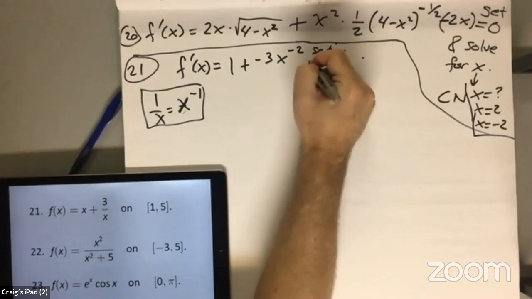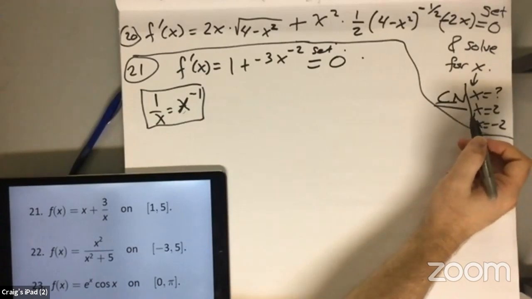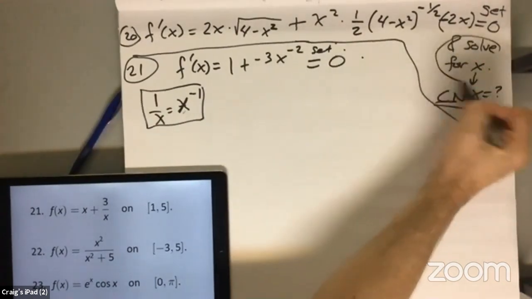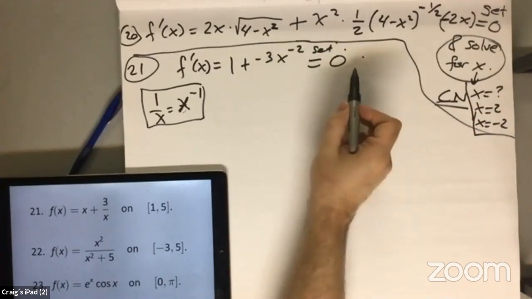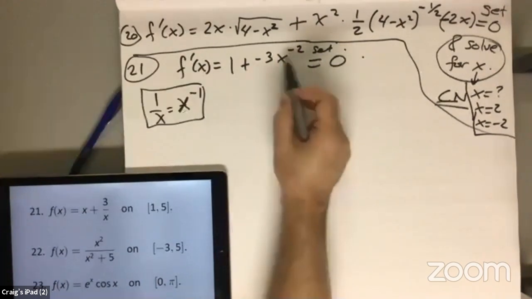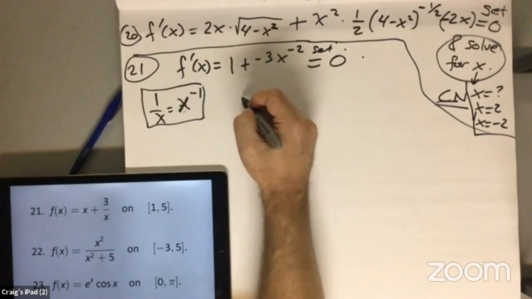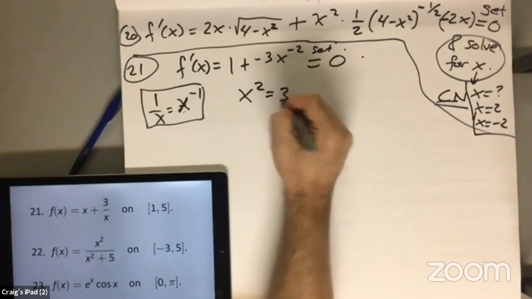So now I'm going to set the derivative equal to 0 to find our critical numbers, and I need to solve for x. I'm going to move this to the other side, and then multiply by x squared on both sides to get this 1 divided by x squared out of the denominator. When I do that algebra, I get x squared equals 3.